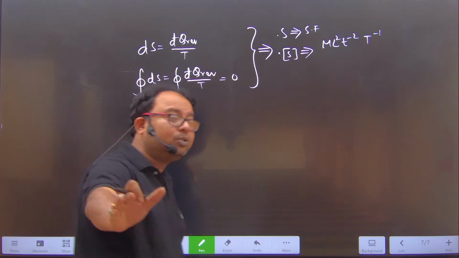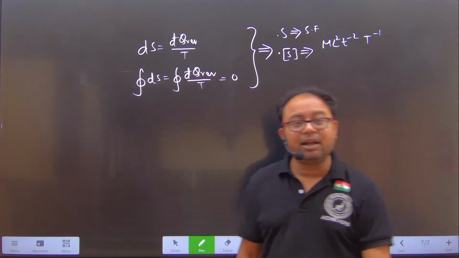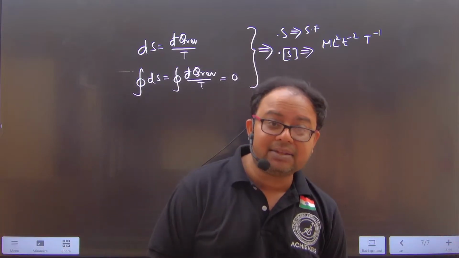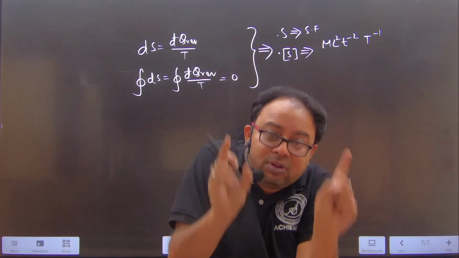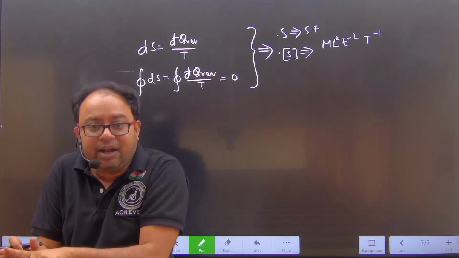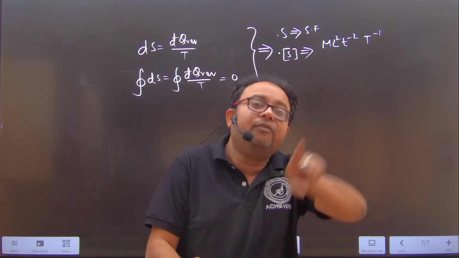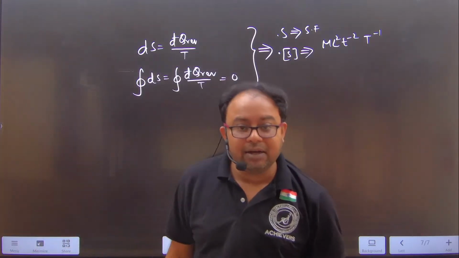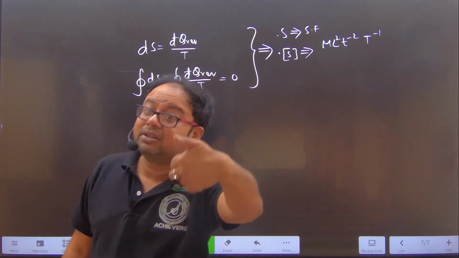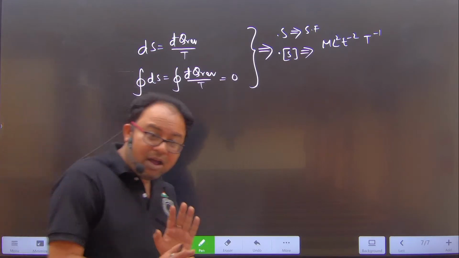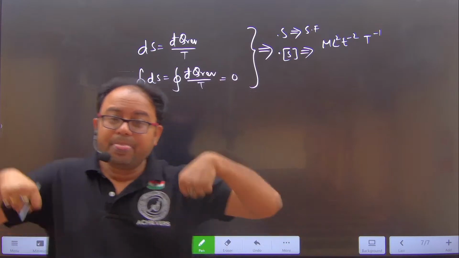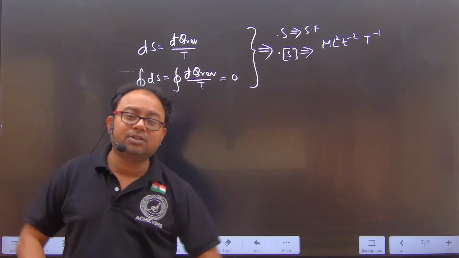For that you need to study statistical mechanics. But right now we'll not get into statistical mechanics. That will be revealed when we study statistical mechanics or the third law of thermodynamics, but now I am not going to get into it. We'll be sticking to the second law of thermodynamics solely.